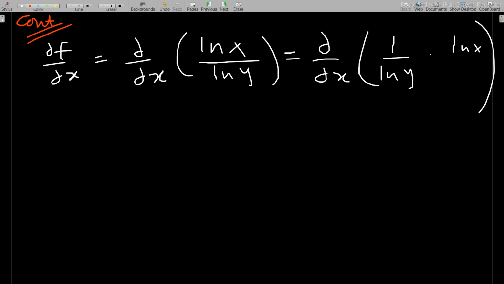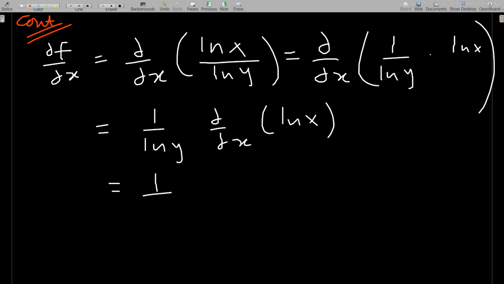Here len y, or y, is a constant like we've been doing, so 1 over len y can come out, and then you have del x of len x, meaning you are differentiating len x with respect to x, and you know how to do that. So 1 over len y times 1 over x, because when I differentiate len x, I'll get 1 over x. So this will be equal to 1 over x len y.